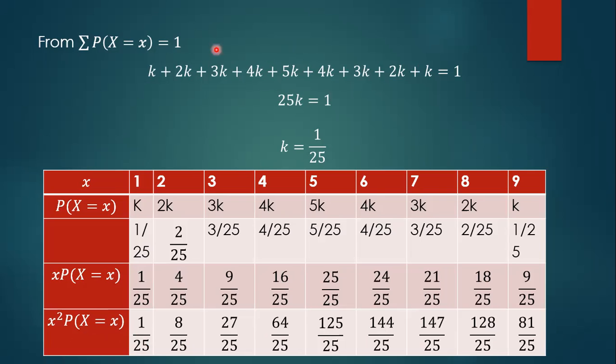I hope this table is okay with all of us. So silence means yes, so we can proceed. Okay. So we are beginning with the mean, which is the expectation, summation of x times probability values.